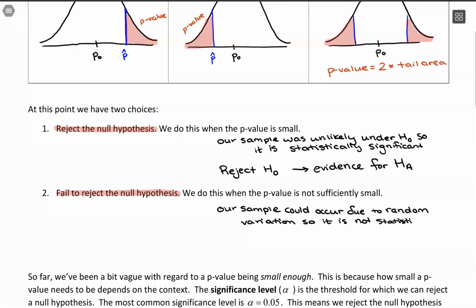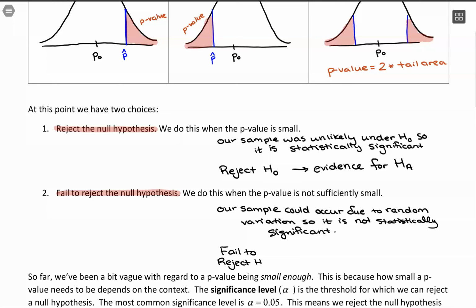So in this case, we would fail to reject the null hypothesis. Again, we're never proving the null hypothesis. You can either reject the null, or we just can't get rid of it because our evidence isn't strong enough. So we would fail to reject the null.